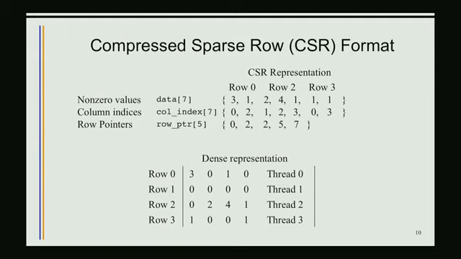Okay? So this 3 is in column 0. So column index 0 is 0. That corresponds to the 3. Column index 1 will correspond to this. Its column is 0, 1, 2. Therefore, there's a 2 there.